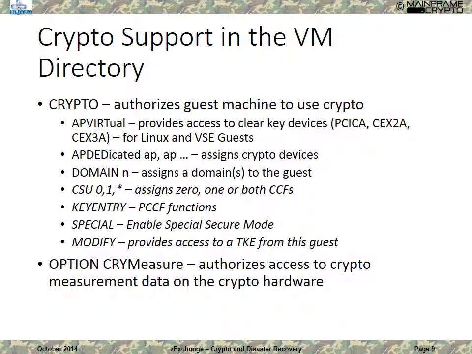There's two types of coprocessor devices defined in VM. There's AP dedicated, which the documentation talks about as coprocessors, and then AP virt, or AP virtual, is for the clear key devices, the accelerators. Well, it turns out from a z/OS perspective, you will not use AP virtual.